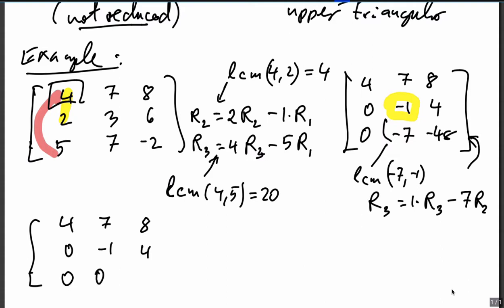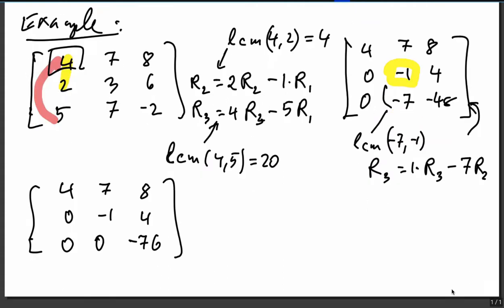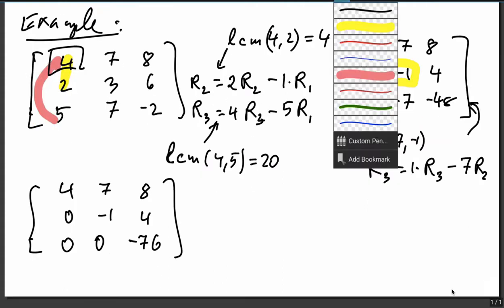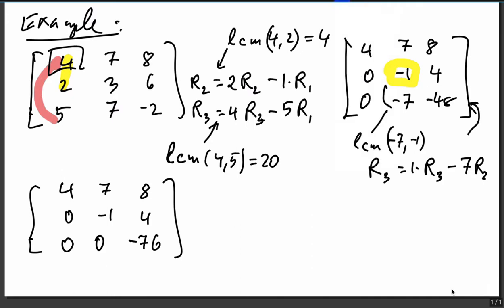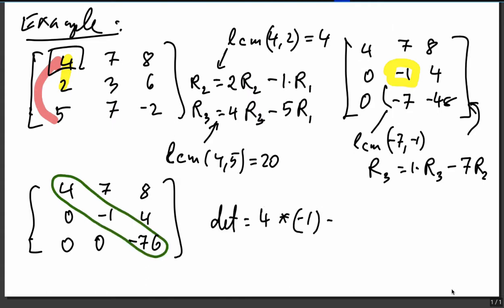Then I get -48 and -28. That's -76. So now I have an upper triangular matrix, and for that all I need is the product of the diagonals: 4 times -1 times -76.